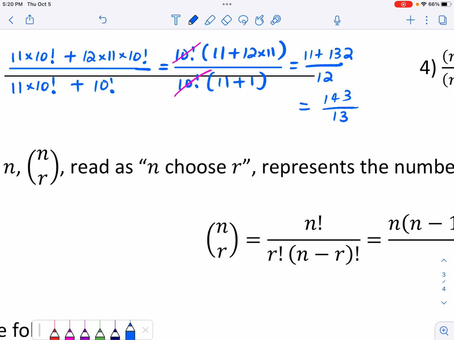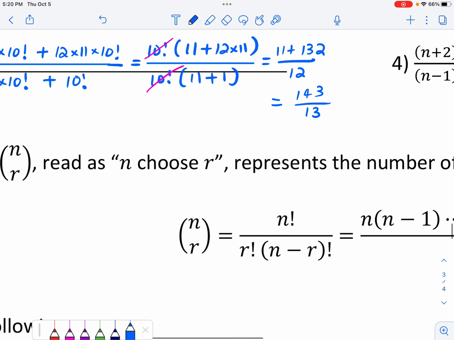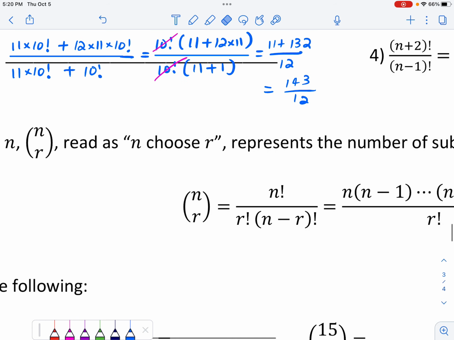Okay, and I think that's it. Actually, this is going to be 11, this is 12, I'm sorry. This is 12. I think we cannot simplify it any further.